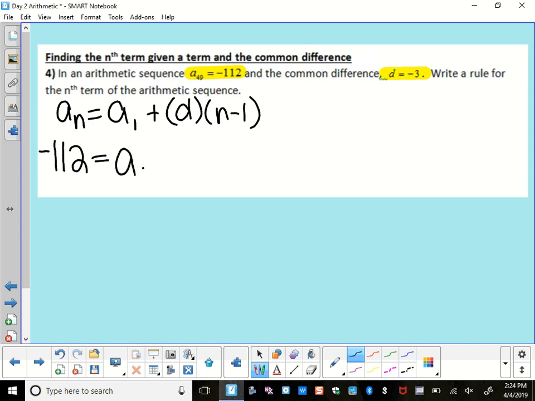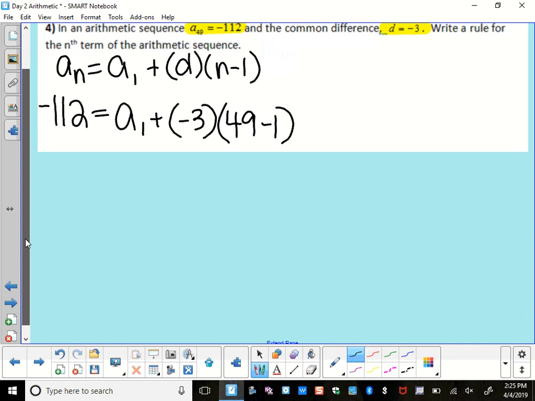I don't know my first term. What's my difference? Negative 3. Which term did they already give me? 49. No, which term number was that? 49 minus 1. I understand that this gets tricky because now we actually have to plug in something for n. It's because we're working backwards.